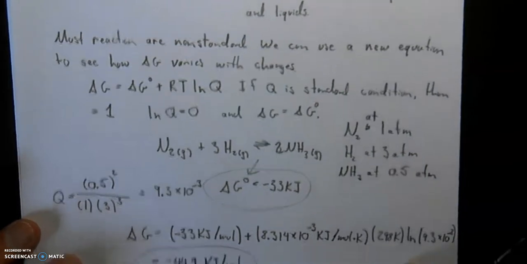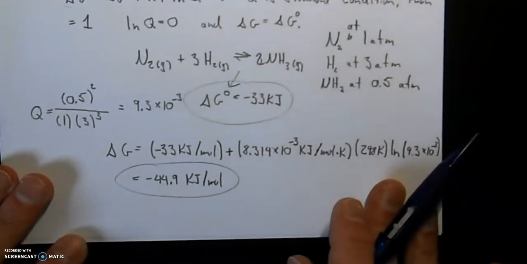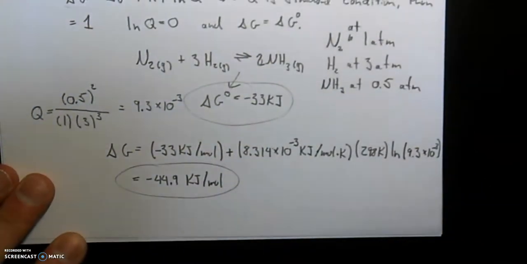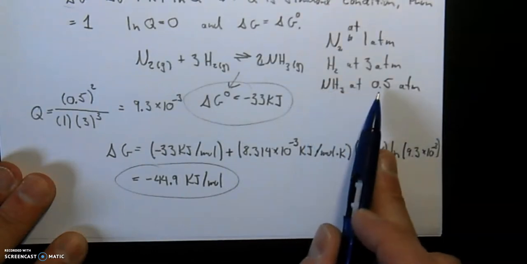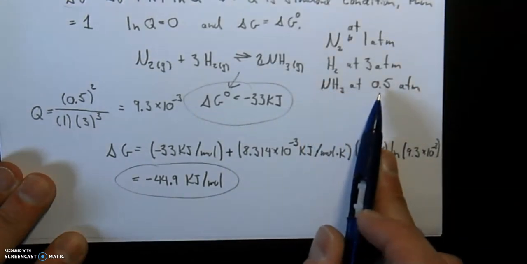As far as this problem, we can use Le Chatelier's principle and see how it would have pushed the reaction as well. The product, ammonia, is 0.5, something less than 1.